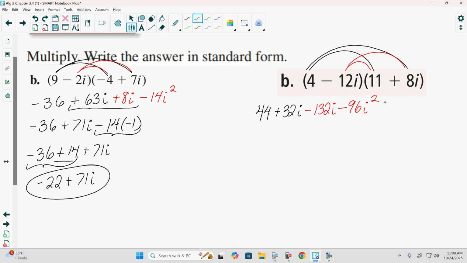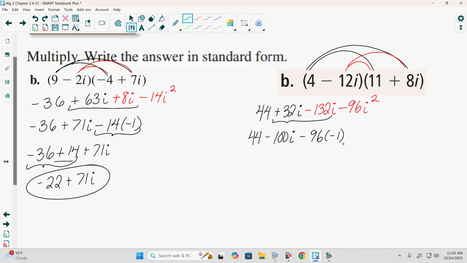And i times i would give us i squared. Negative 132i plus 32i is going to be negative 100i. Now we need to convert i squared.